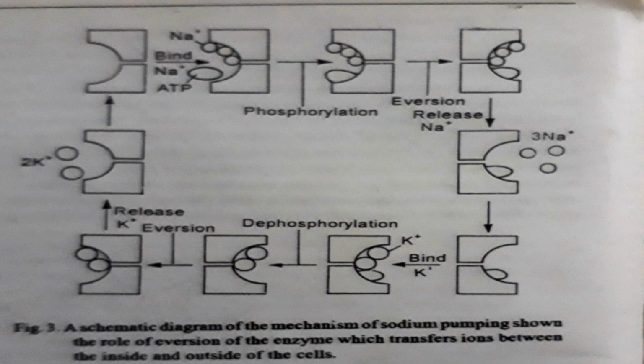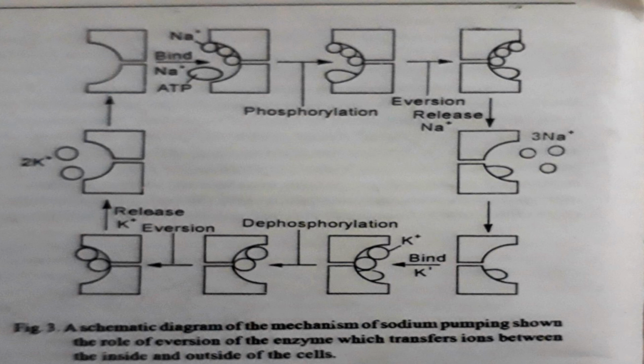The phosphorylation and sodium binding occurs at the inner surface of the membrane, where ATP is getting converted into ADP, and that is how you get the energy.